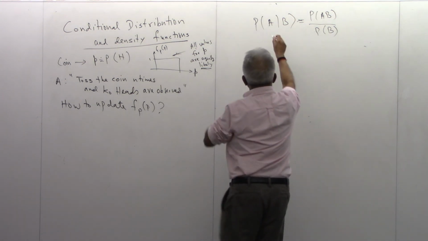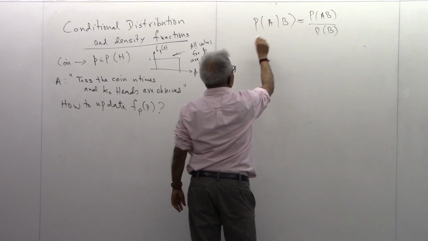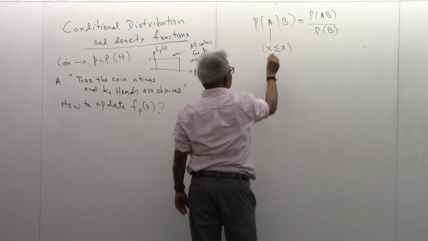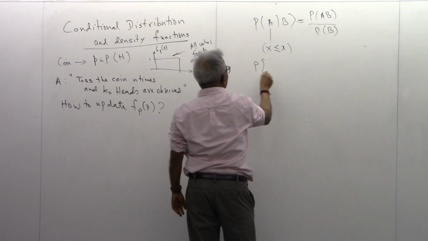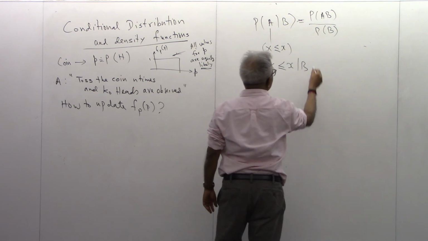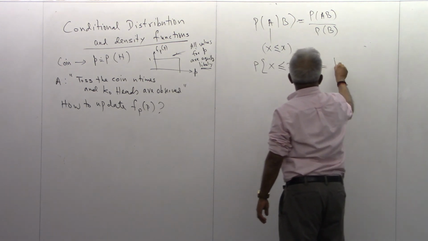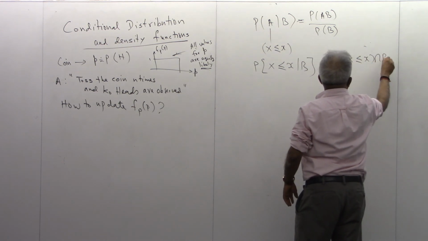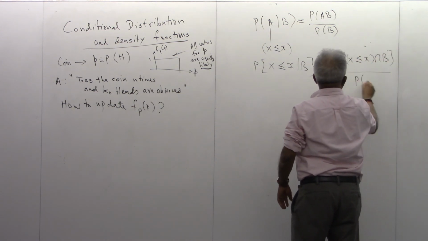So I'm going to replace here in this definition, suppose I replace this by x less than or equal to x, to bring in the random variable. So this now reads probability of x less than x given B. And this of course is now the event x less than x intersection with B over P(B).